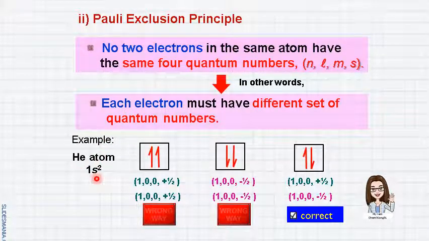There are 2 electrons, 1s2, so the n value is 1, the l value is 0, so the m value is 0. For the s value, in this case both are positive half, and in this case both are negative half, so it is the wrong way. Suppose one is positive half and the other is negative half, then these are the correct sets of quantum numbers. So even though they are in the same orbital, they have different sets of quantum numbers.